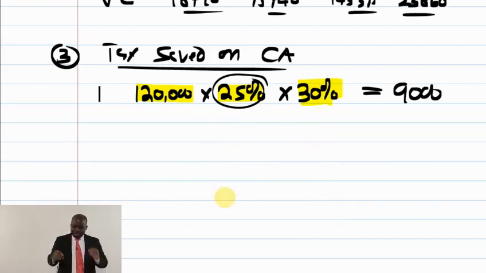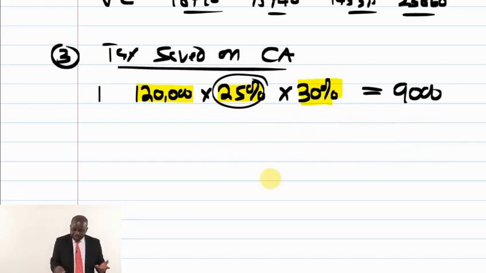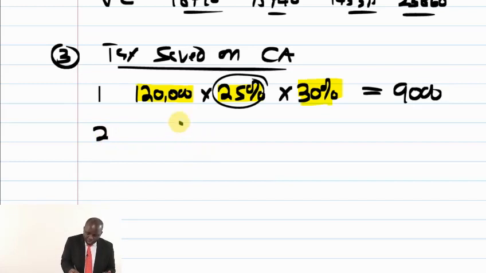Okay? So if I'm able to get a 75% here and I multiply by the 30%, I should be able to get that. The common sense is, if something is reducing by 25%, it should reduce to 75%. Therefore, my year 2 figure will be the 9,000 I got for year 1.